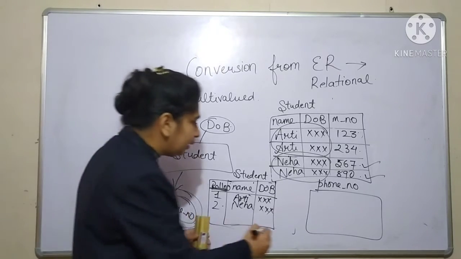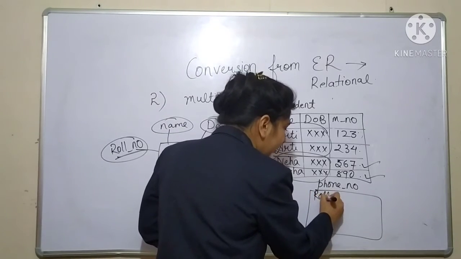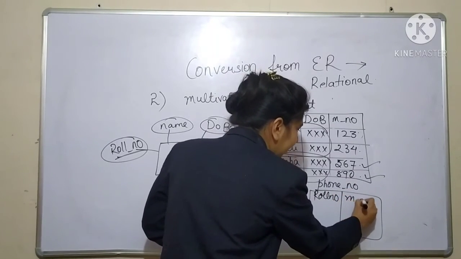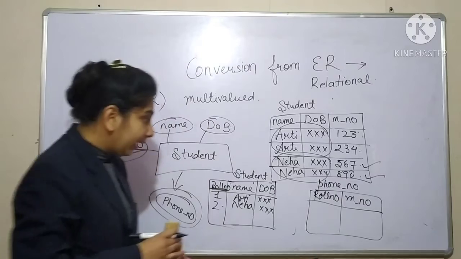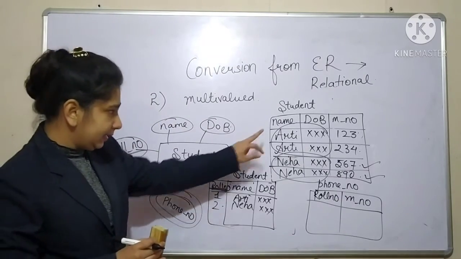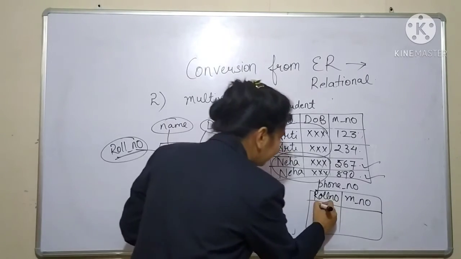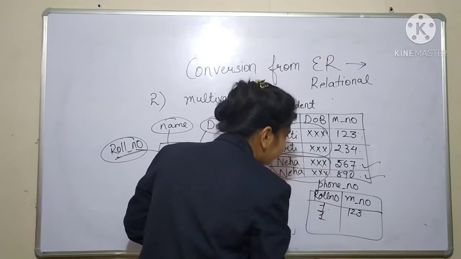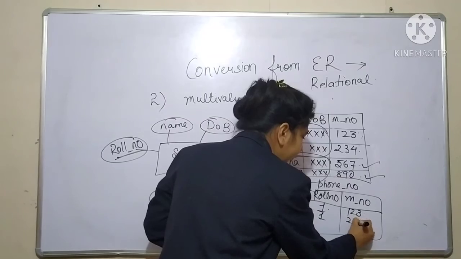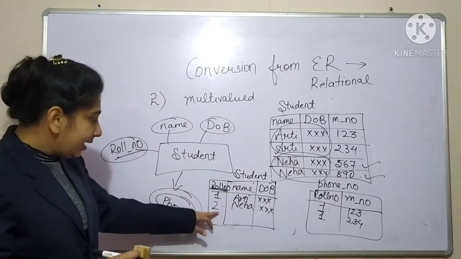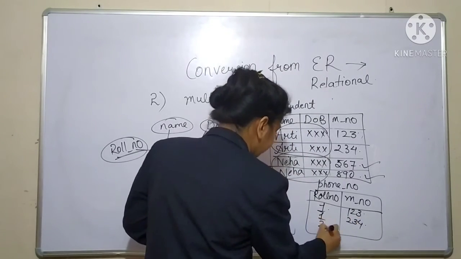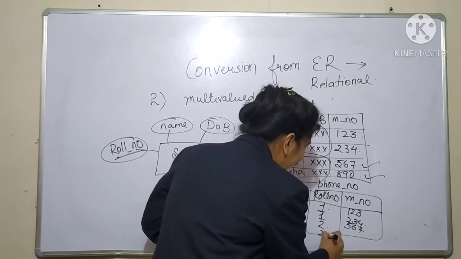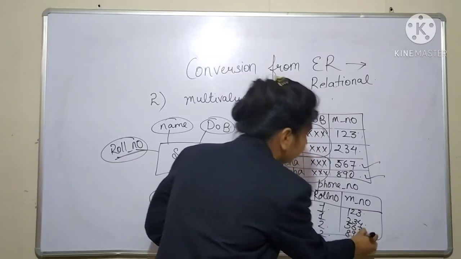So what we are doing, we are writing here roll number as a common attribute and we are writing mobile number. Okay. So Aarti, the roll number 1, is having 1, 2, 3. Roll number 1, Aarti is having 2, 3, 4. Okay. And roll number 2, Neha, has 567 and it is having 890.